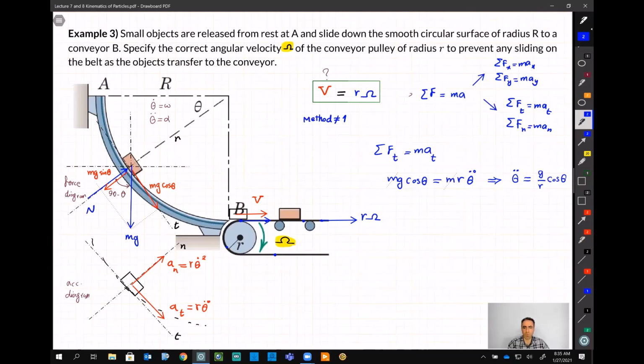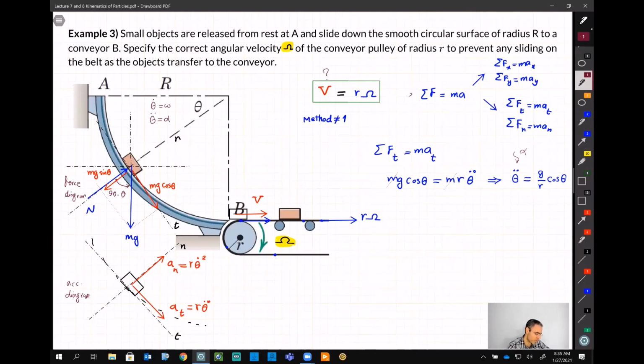Okay, so one good thing here. This is where it's getting tricky and I want you to pay attention. We found alpha, or theta double dot, the angular acceleration, but we need omega, right?